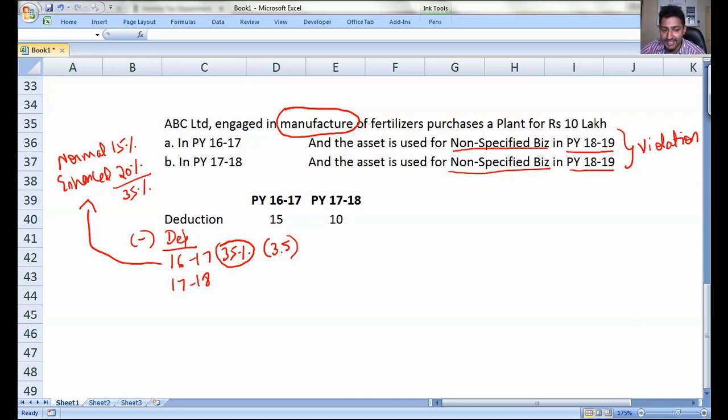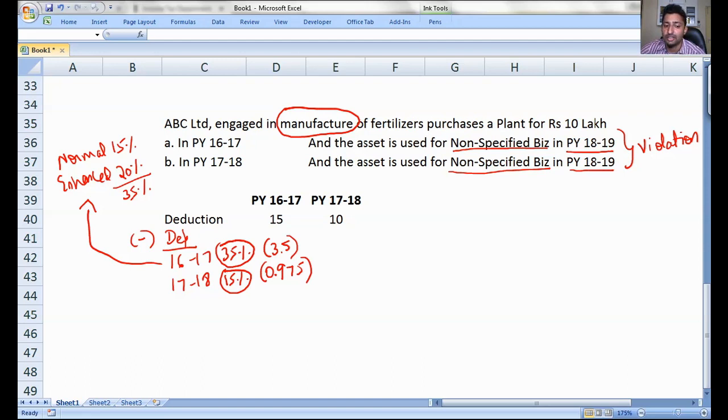Then the second year, it goes back to only normal depreciation. So you could have got 15% since it's a plant. Now the WDV of the asset in this scenario would be 10 minus 3.5, which is 6.5. So 6.5 into 15%, which is 0.975.